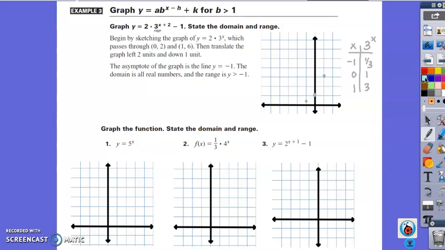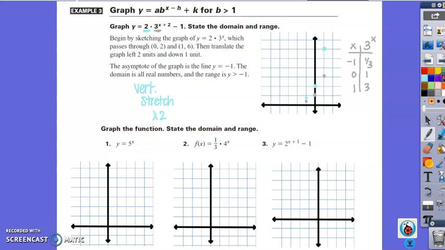So I like to start with the number multiplied in front is our vertical stretch. So I'm going to do that first. I'm just doing it in a light color because it won't be my final answer. That just means I'm going to take each of those points and double them. So this one was at 1/3, now it's at 2/3. This one was at 1, now it's at 2. This one was at 3. Times 2 is 6.